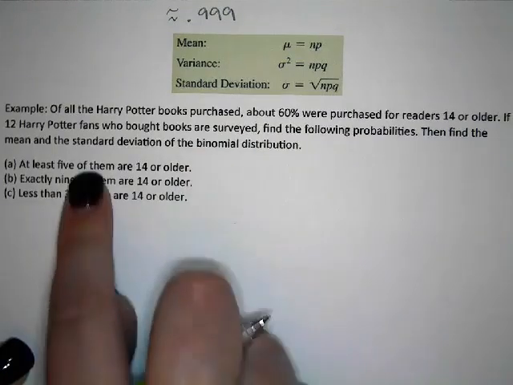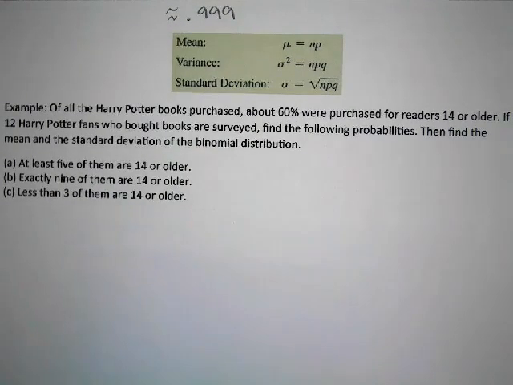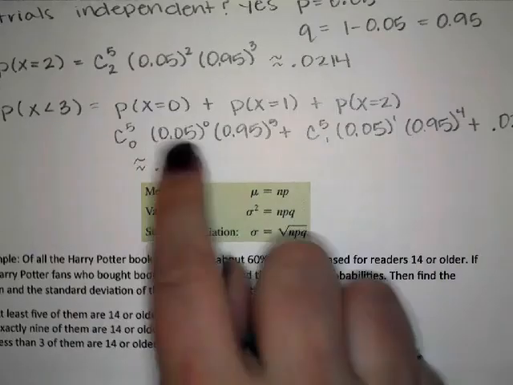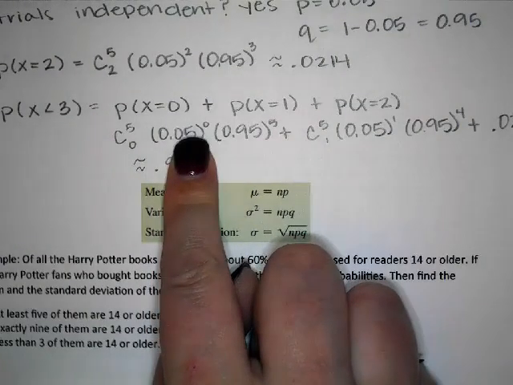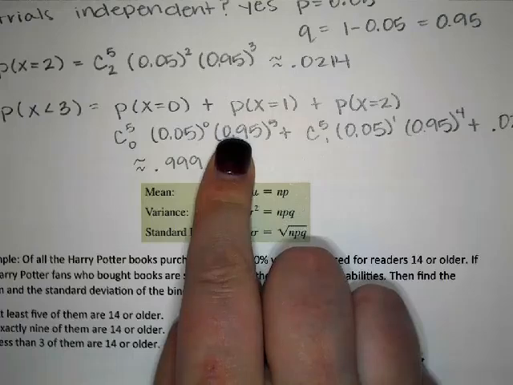However, I'm going to show you how to use, instead of a calculator, the binomial probability distribution table to calculate these problems, because as you could see from this last one that we did, it can start to get a little cumbersome to use this formula depending on how the problem is phrased and how many probabilities you have to add together.